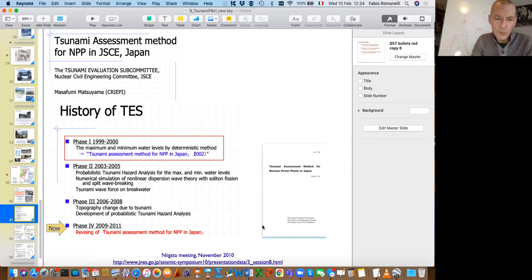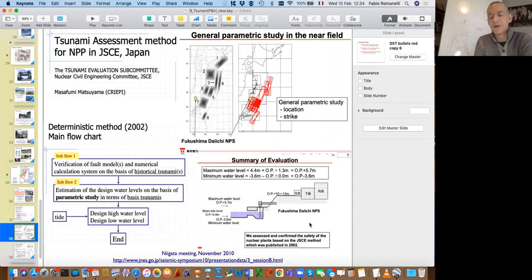This is the Fukushima Daiichi nuclear power plant. The result of the study, a few months before the event, was that the maximum tsunami height weighted from all the methods was 5.7 meters. And so the assessors confirmed the safety of the nuclear power plants. Well, you know what occurred a few months later. Actually, the tsunami height at Fukushima was in some places 12 meters.